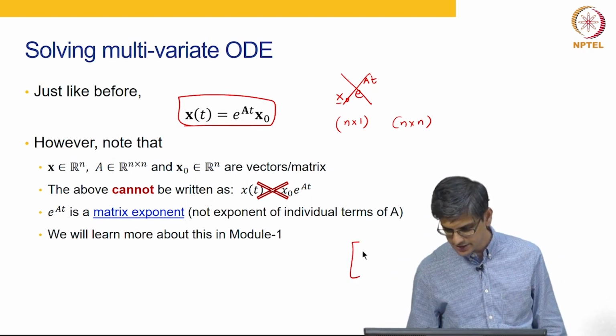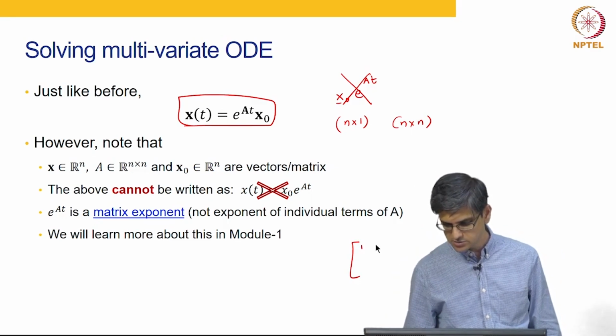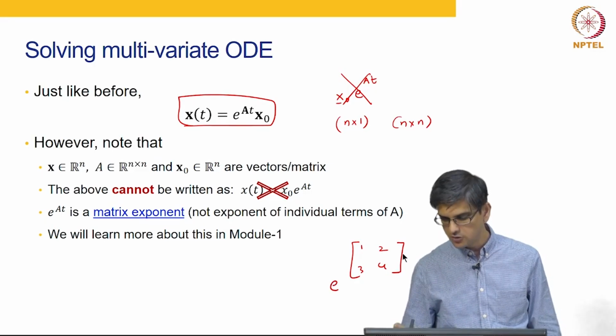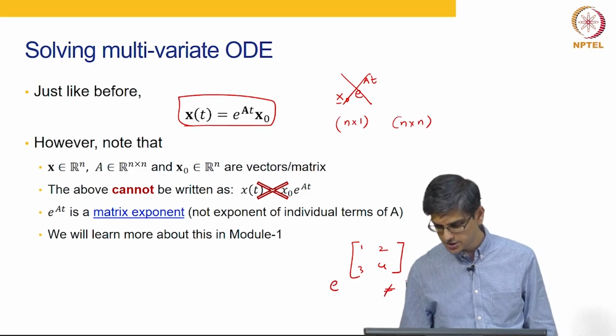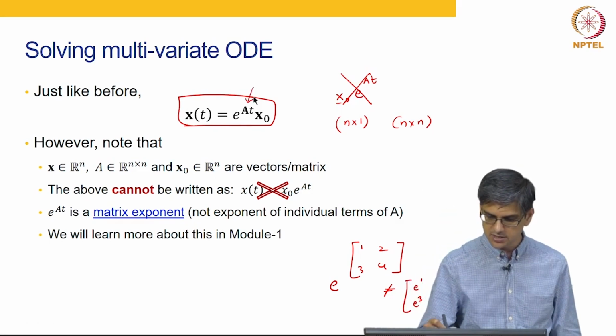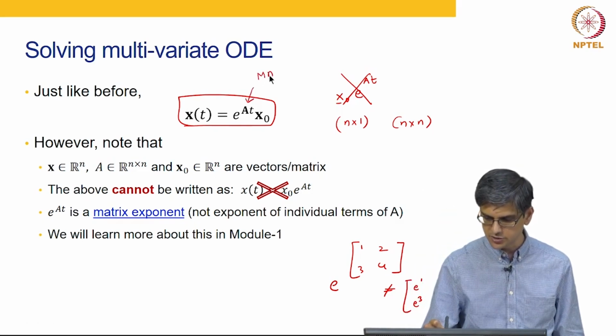Let us say A is 1, 2, 3, 4. Then e to the power A is not equal to e to the power 1, e to the power 2, e to the power 3, e to the power 4. E to the power capital At is what is known as a matrix exponential.